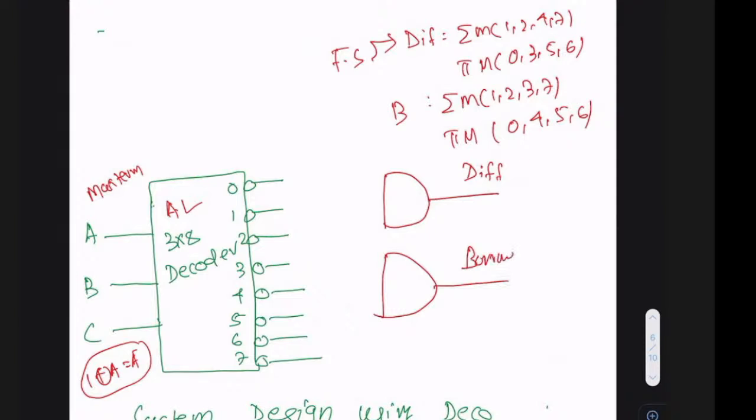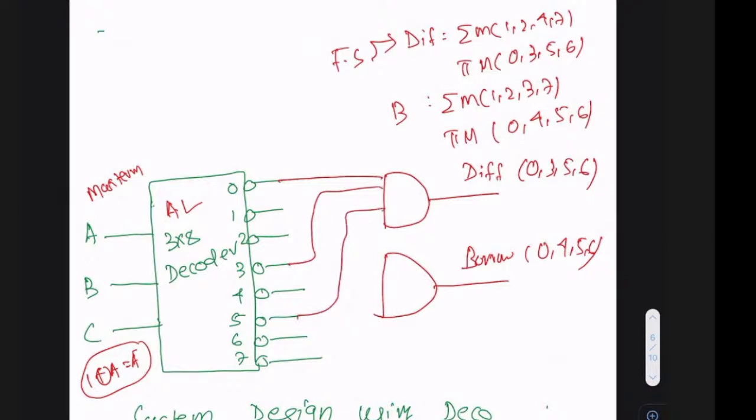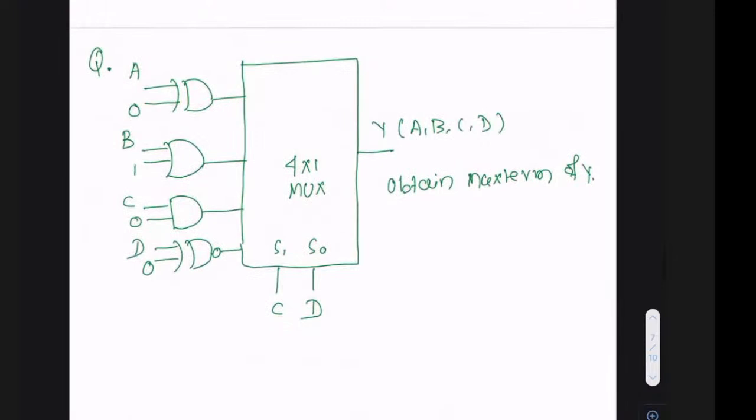I expect 0, 3, 5, 6 here and 0, 4, 5, 6 here, so I'll connect these, because they are nothing but the max terms. Very simple. And if it is an active high decoder, it is wise to use the OR gate instead of AND gates.